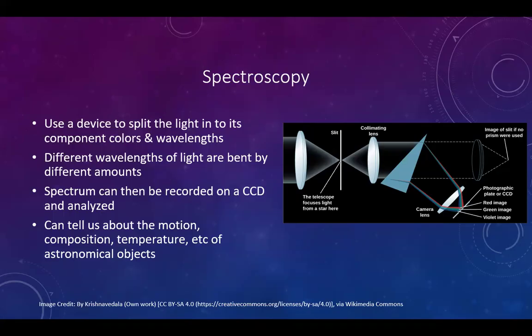And then that spectrum is usually expressed onto a CCD. The ones they use in the spectroscopes are these long strips. So you put out like a rainbow and the pixels are all lined up across. And that can be recorded on the CCD and analyzed, and this can tell us about the motion, composition, temperature, etc. of astronomical objects.